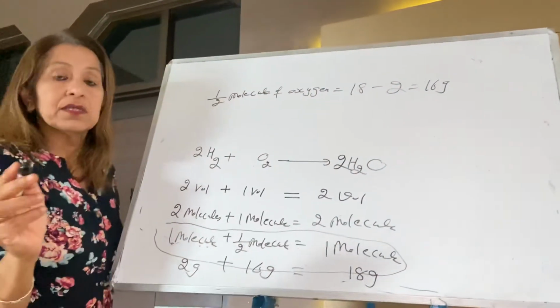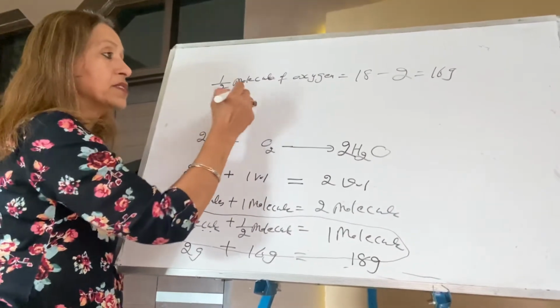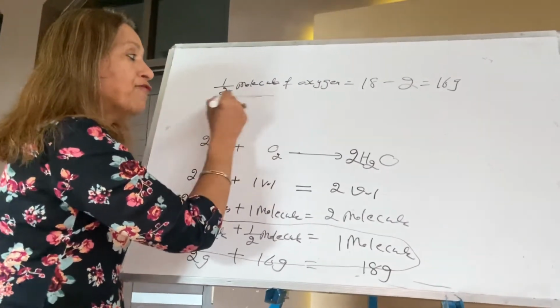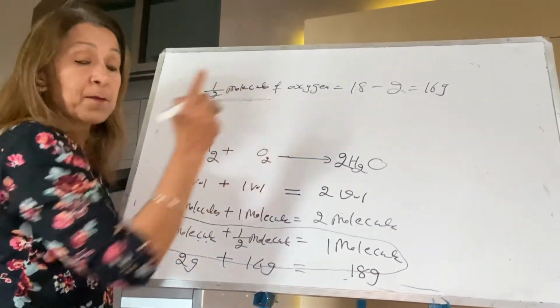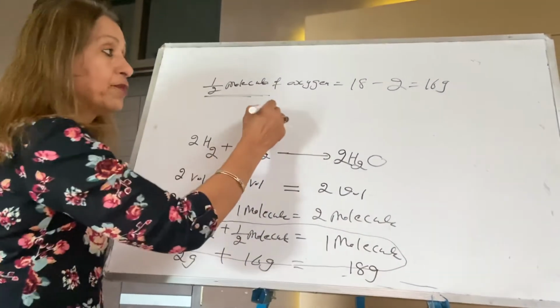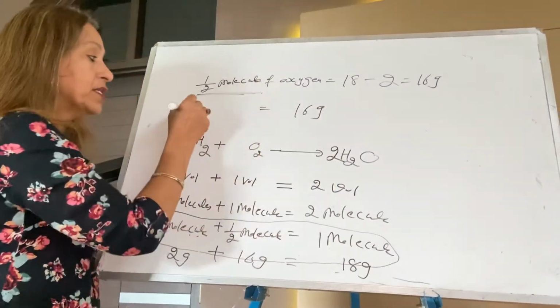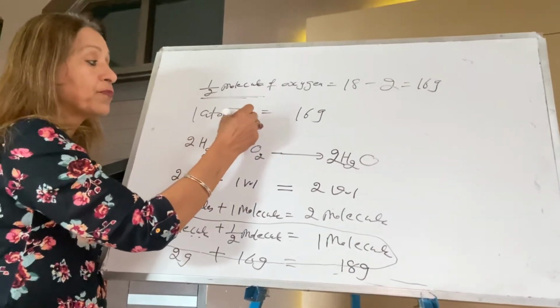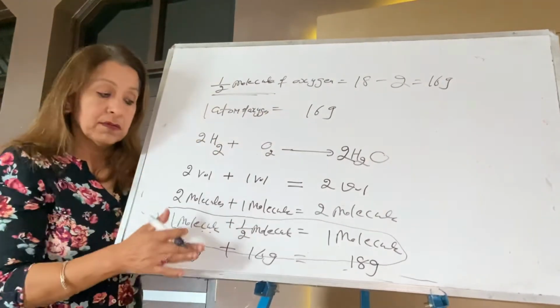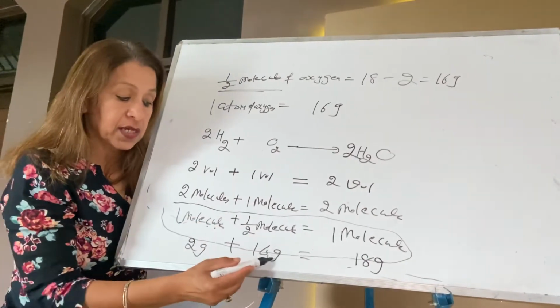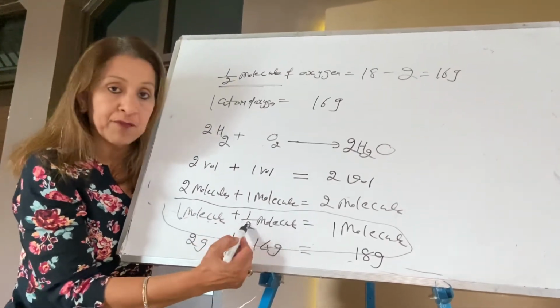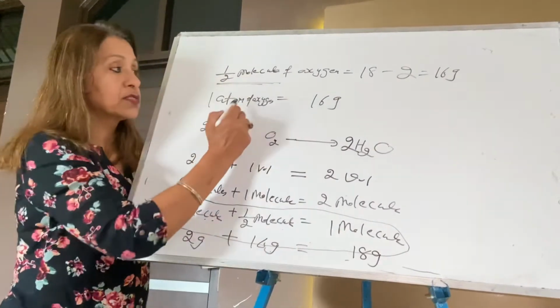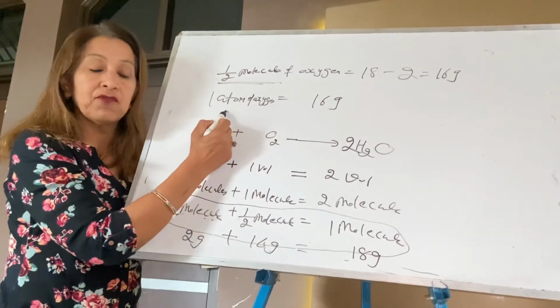Now students, here 16 gram is the weight of half molecule of oxygen. But actually in the periodic table, 16 gram is the weight of one atom of oxygen.